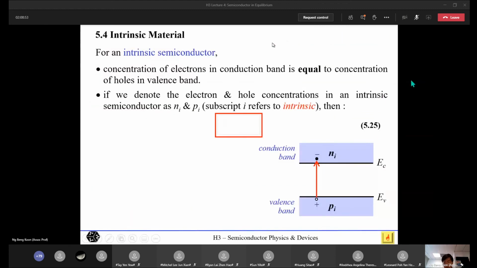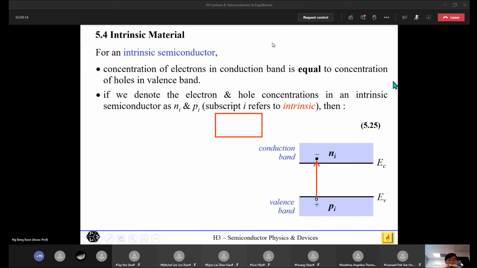For the remaining part of this discussion, we're going to see how we can use these two expressions that we have determined to work out some other quantities in the semiconductor. Let's start with the intrinsic semiconductor material, the pure semiconductor.